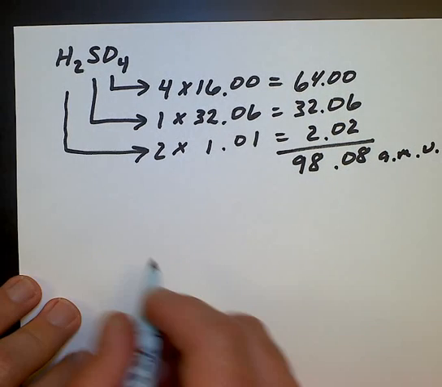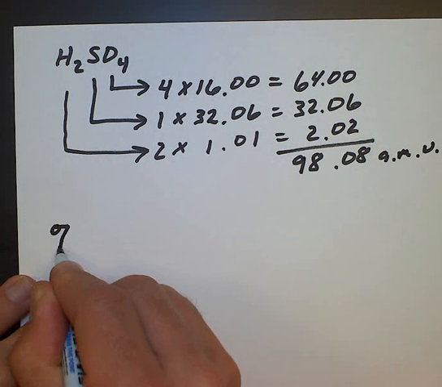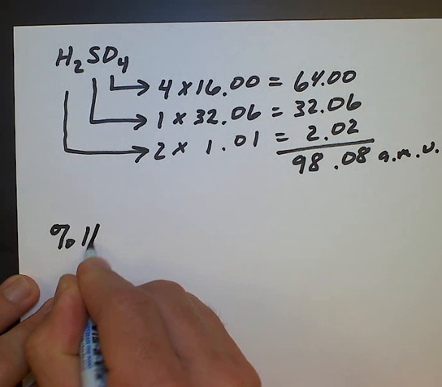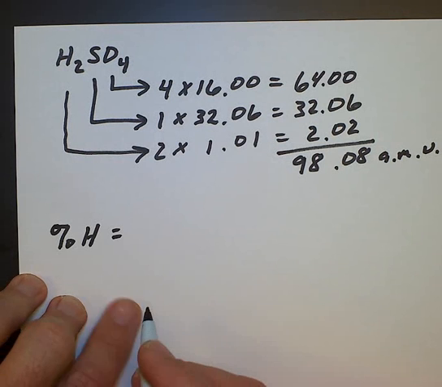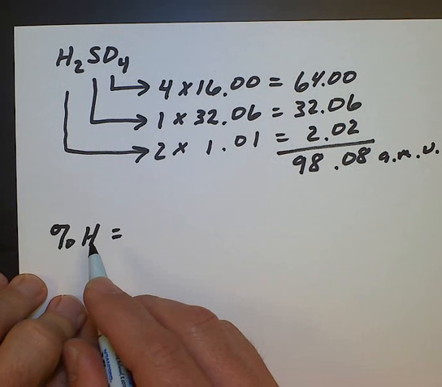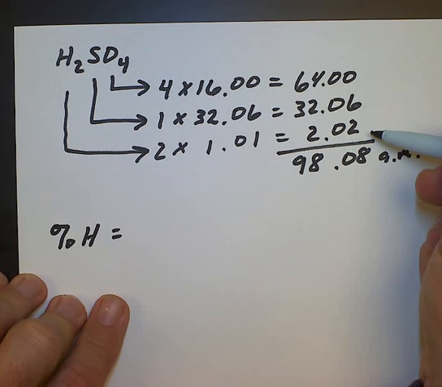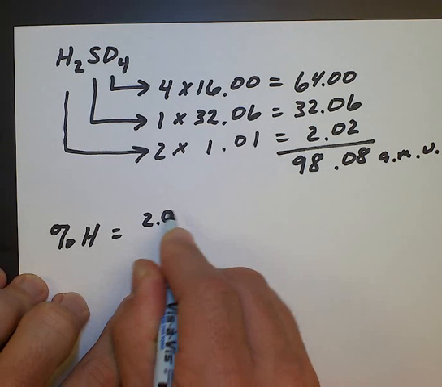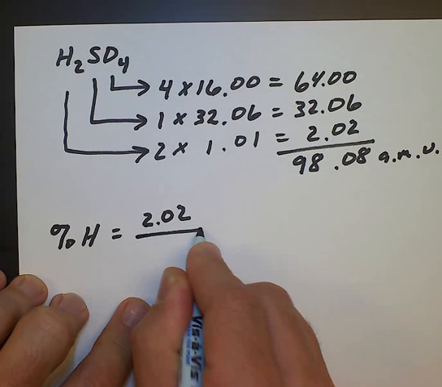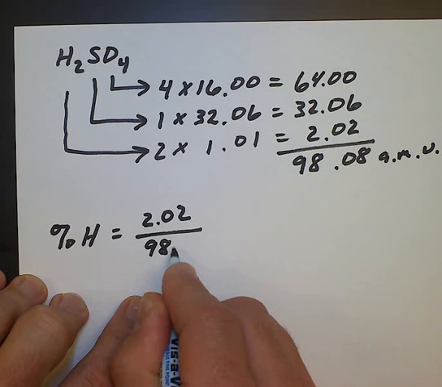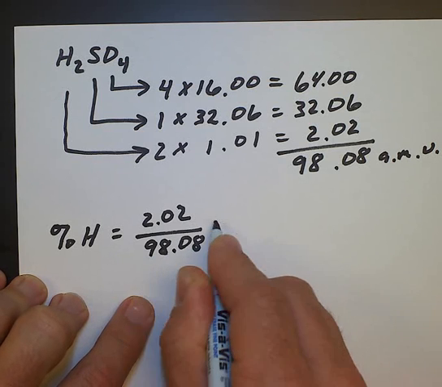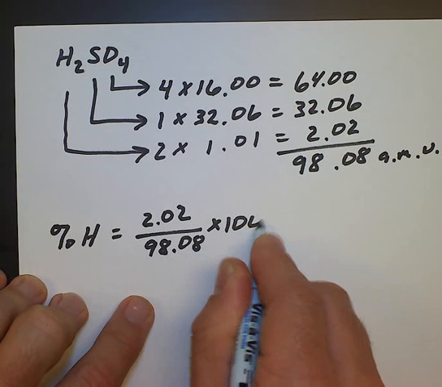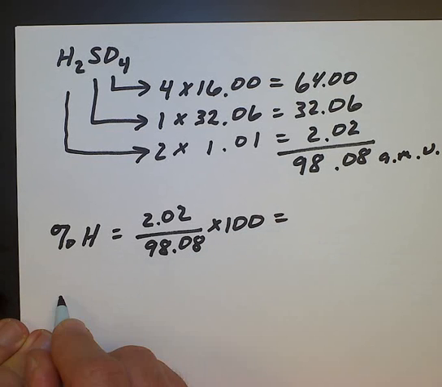So what we're going to do individually now is calculate the percentage that each element occurs. So we're going to start with hydrogen. For the percentage of hydrogen, we're going to take the total mass that hydrogen contributes within the molecule. So it has a total mass of 2.02 because there are 2 hydrogen atoms. We're going to divide that by the total, and we're going to multiply that number by 100 to put it into percent form. Then we're going to do the sulfur.